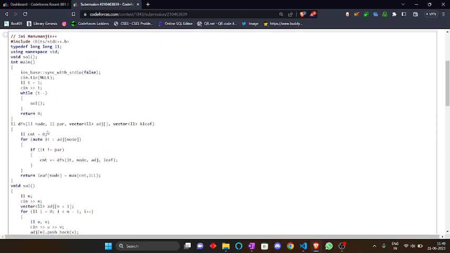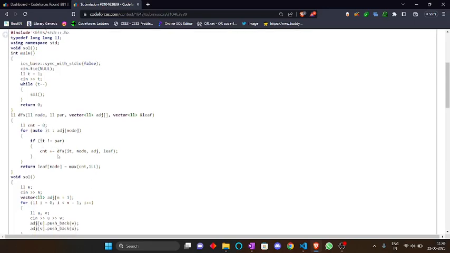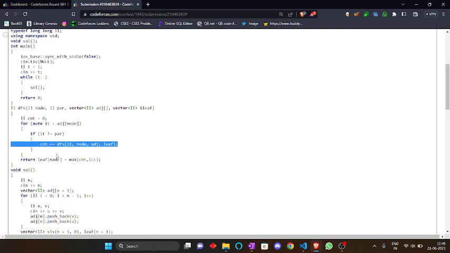I store a count which counts the total number of possibilities at any node, and then I check the access from a given node, and if it is not visited earlier, I increase the counter and make a recursive call for its child and store it in count, and finally I store the total count for every node in leaf.